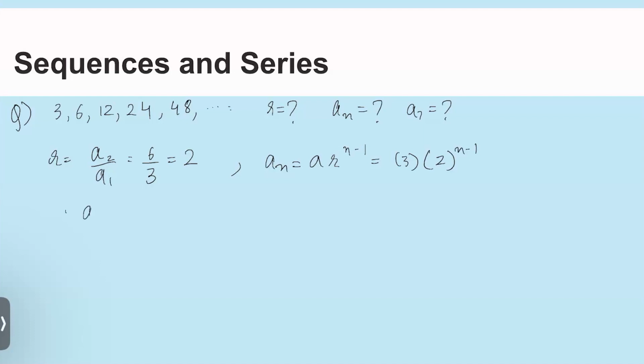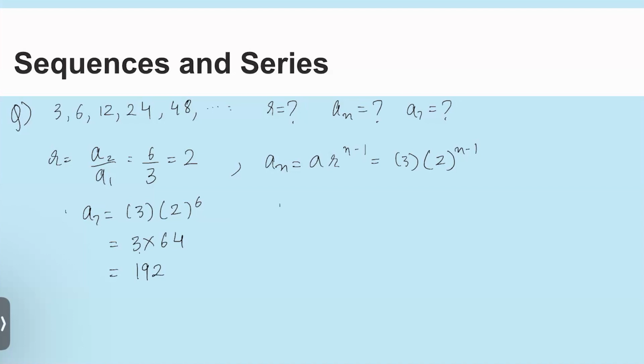Now if we have to find our a7, a7 will have 3 multiplied by 2 raised to 7 minus 1, which is 6. 2 raised to 6 is 64, so 3 into 64, which will give you 192.